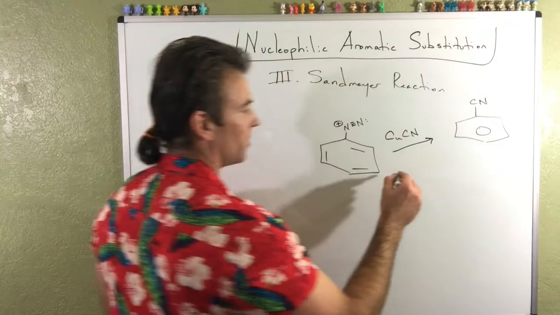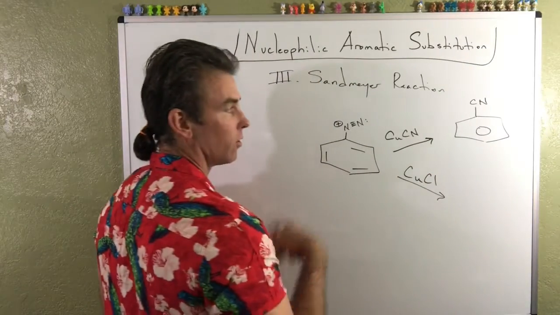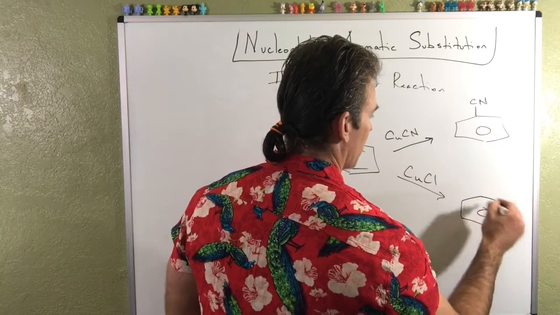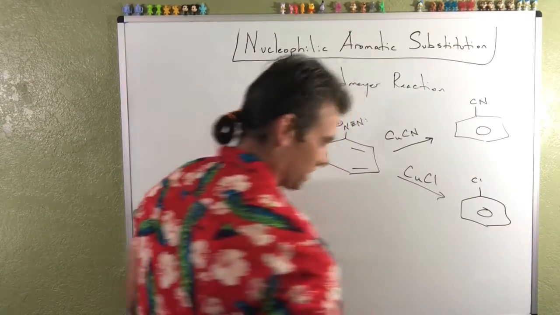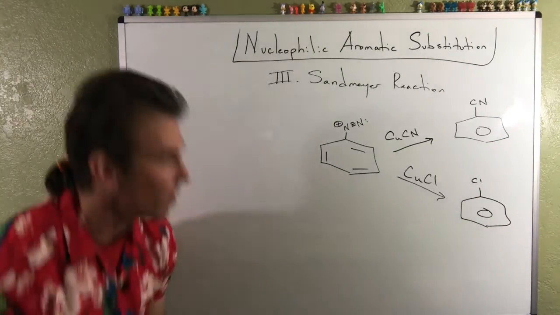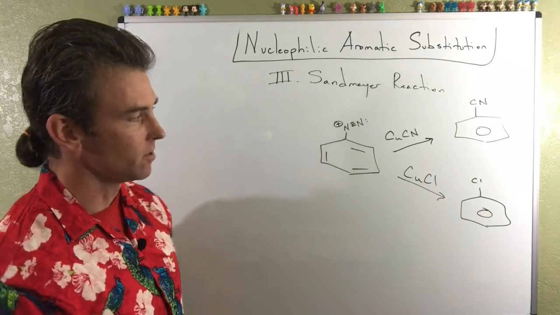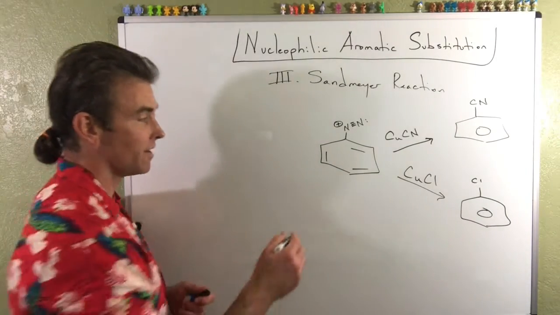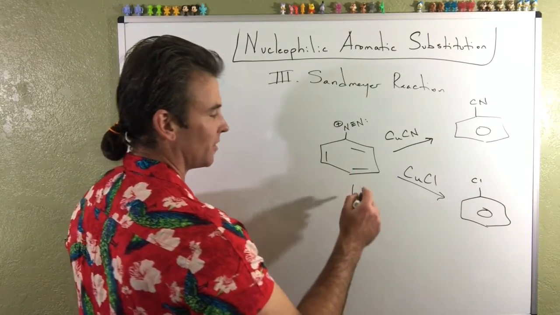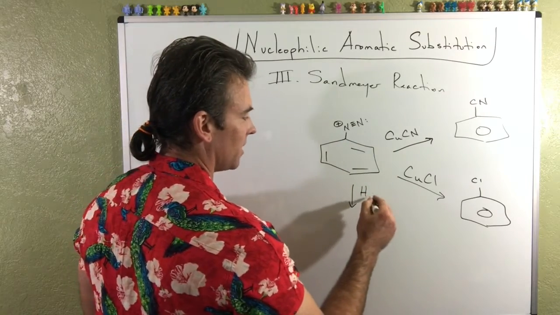You have a whole bunch of different reactions. Let's say you wanted to put a chlorine on a ring. You could do that. Of course, we have a bunch of reactions already that allow us to put a chlorine on the ring, but maybe some of those are a little more difficult to do with a normal electrophilic aromatic substitution.